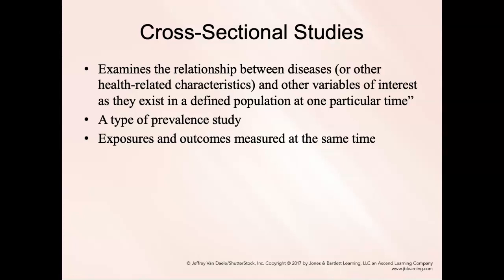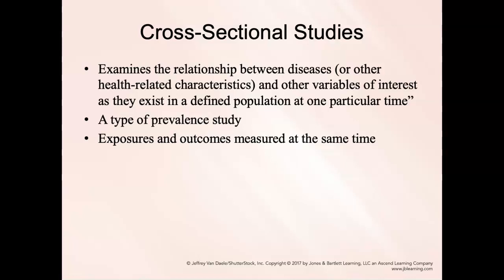These studies examine variables at one point in time, and when you're sampling a population and collecting information on a given disease, you can estimate what percent of that population from your sample has the disease, so you can estimate the prevalence of a health condition through cross-sectional studies. That's why we often call them prevalence studies.